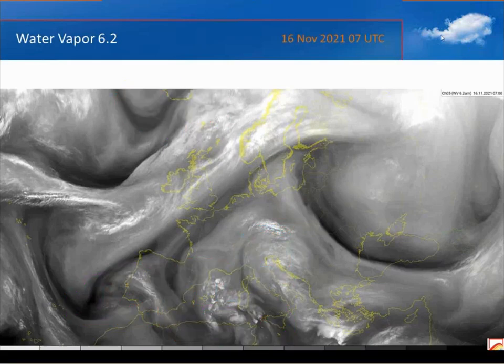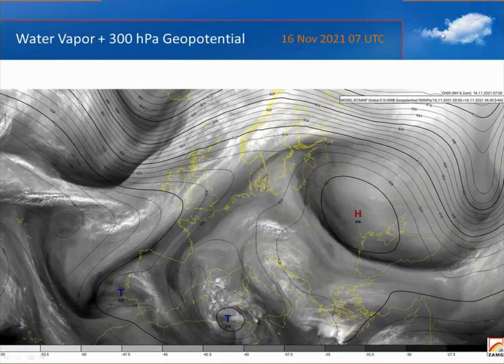I have overlaid this water vapor image with the geopotential at 300 hectopascal, where we can very nicely see the low pressure systems, and also that here we have this very well pronounced high pressure and this very nice trough with very steep gradient.